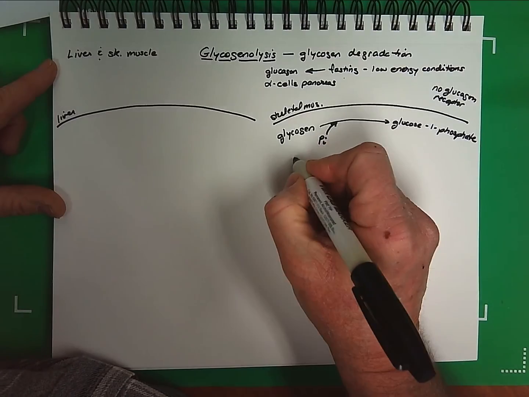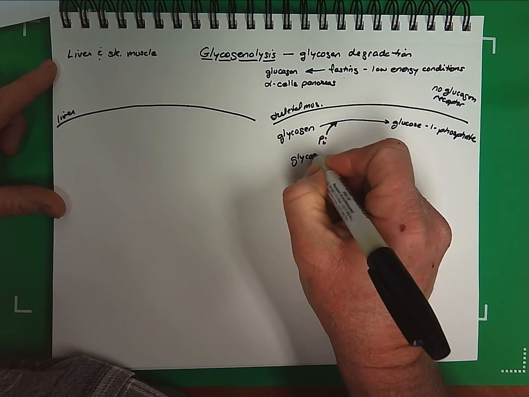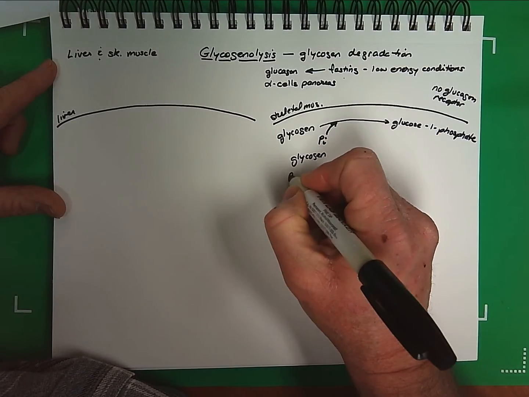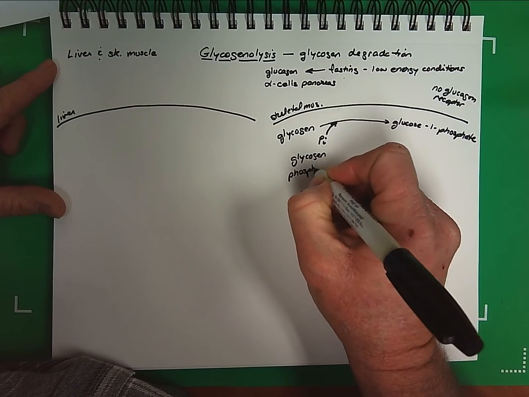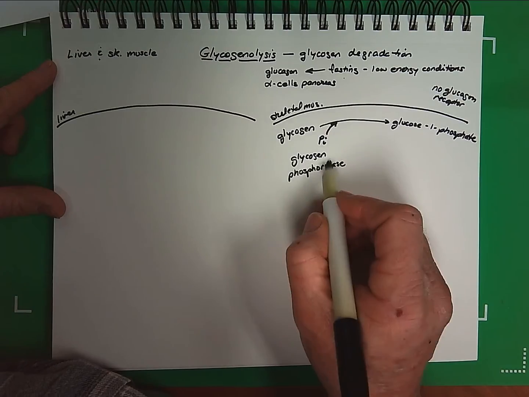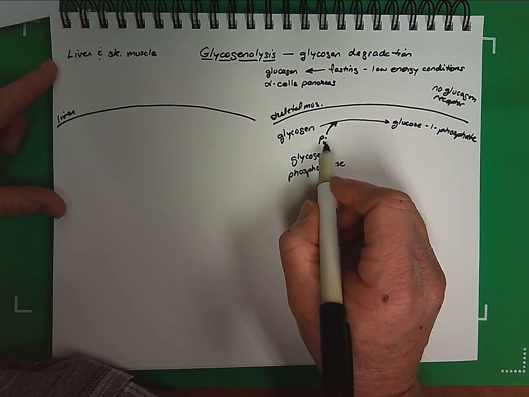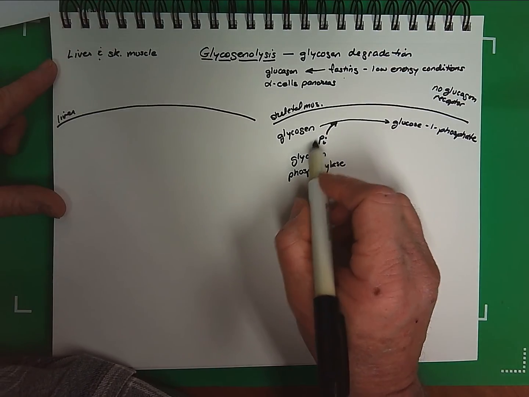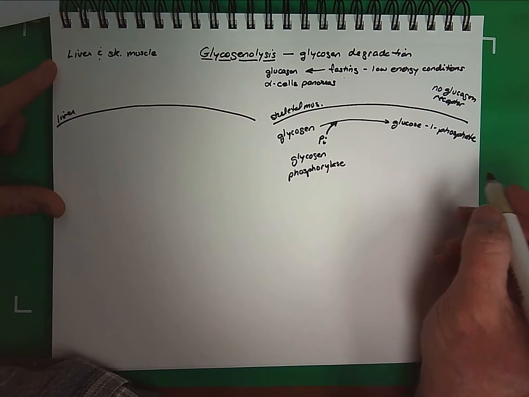Now, the enzyme that does this is glycogen phosphorylase. This enzyme mediates the phosphorylase reaction of inorganic phosphate to release the glucose 1-phosphate.